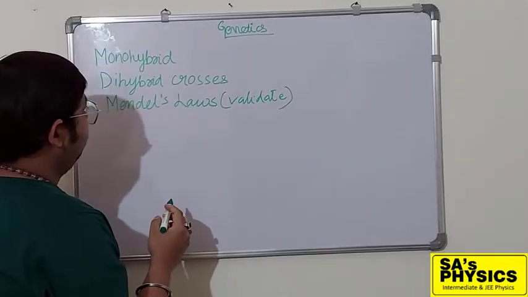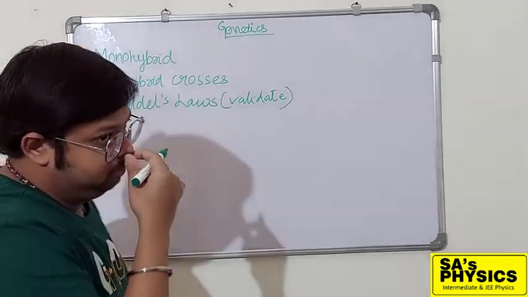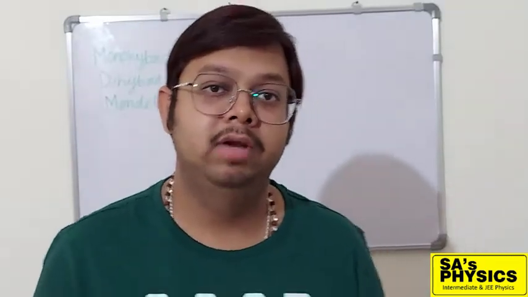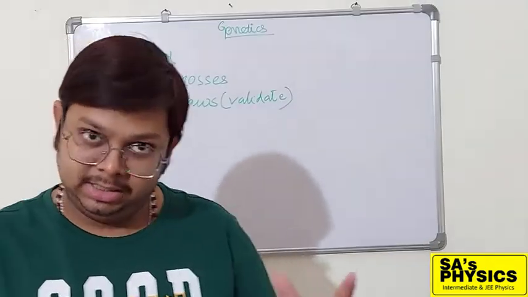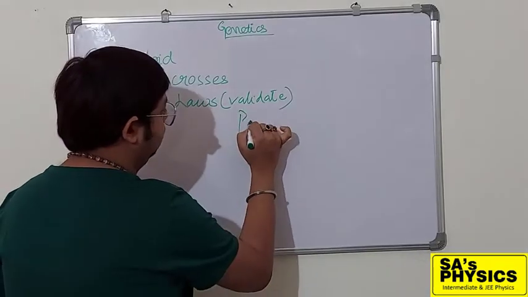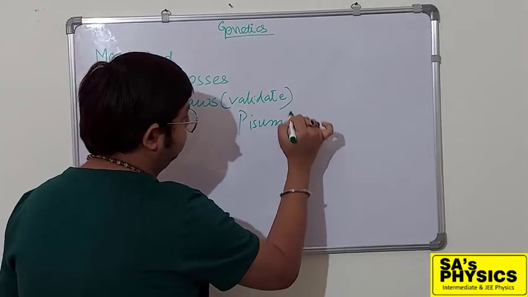So, firstly, we all know that Gregor Johann Mendel played an important role in developing this field of genetics, and he did this study using Pisum sativum, which is your garden pea.